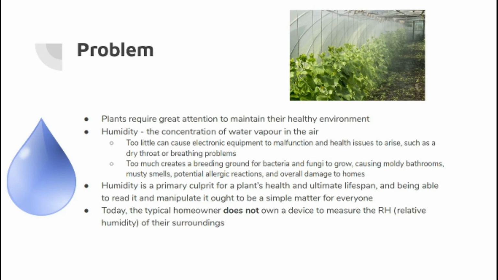The average homeowner does not own a device to measure the relative humidity of their surroundings. Too little humidity in the home can cause electronic equipment to malfunction and other health issues like dry throat and breathing problems. And too much humidity can create a breeding ground for bacteria and fungi. So if you have mold in your bathroom, this might be a culprit.